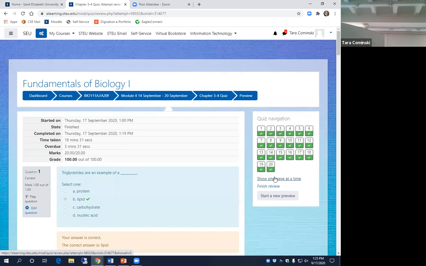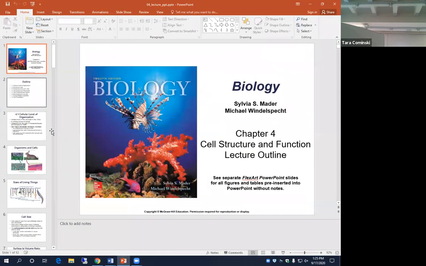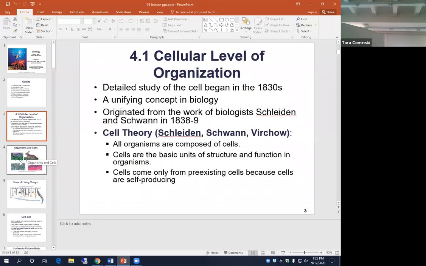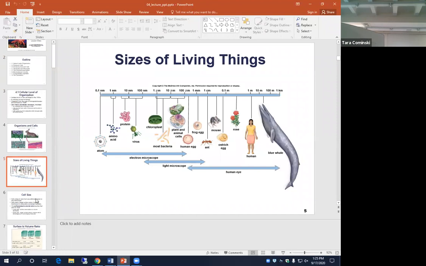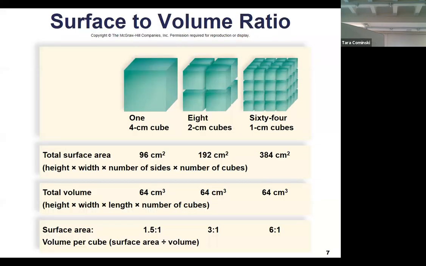All right, so let's pull up this chapter 4. I will tell you that there might be a multiple choice question or something like that that might refer to this surface to volume ratio. But the idea is to understand, right?